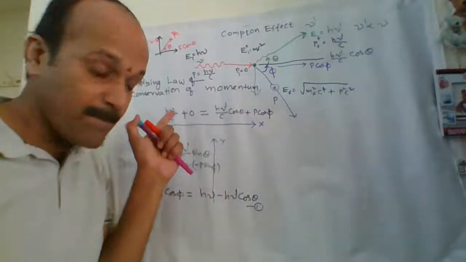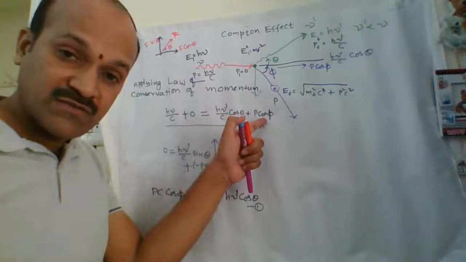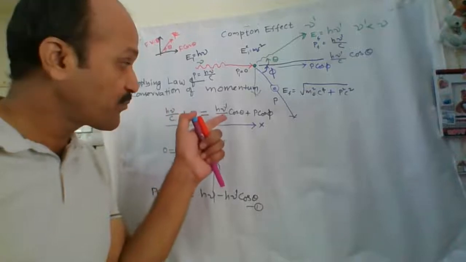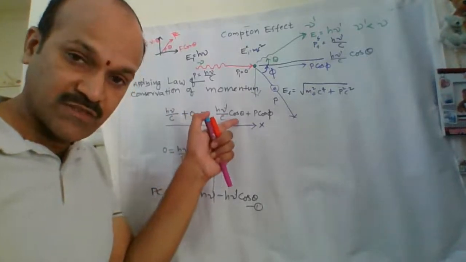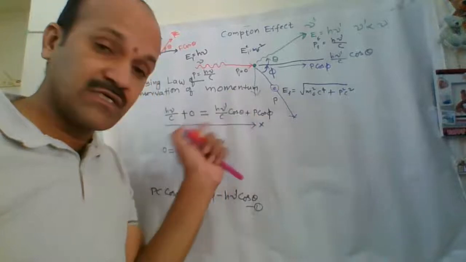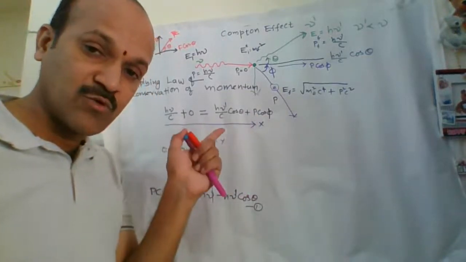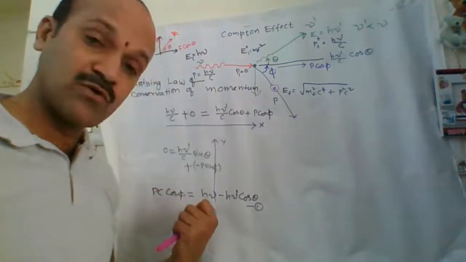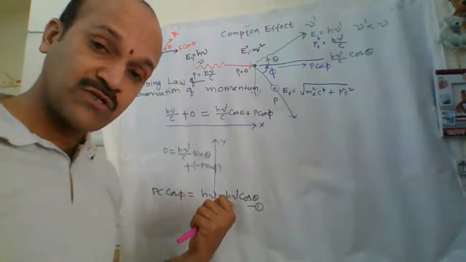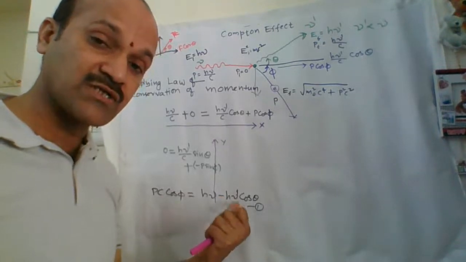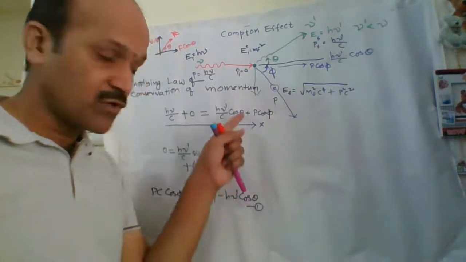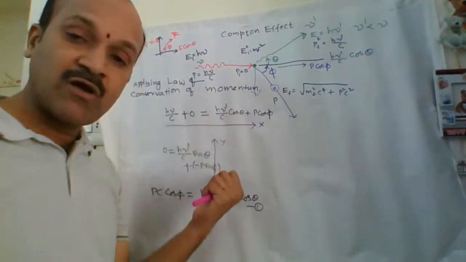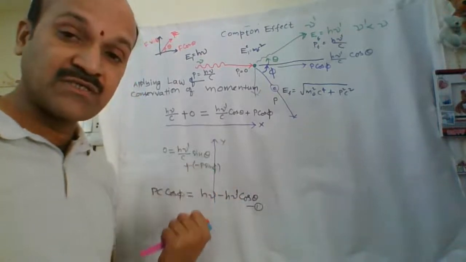P cos phi is h nu by c minus h nu dash by c cos theta, right? So pc cos phi is equal to h nu minus h nu dash cos theta. This is equation 1, which we got from conservation of linear momentum along the x-axis. Along the y-axis, we'll write p sin phi as how much?